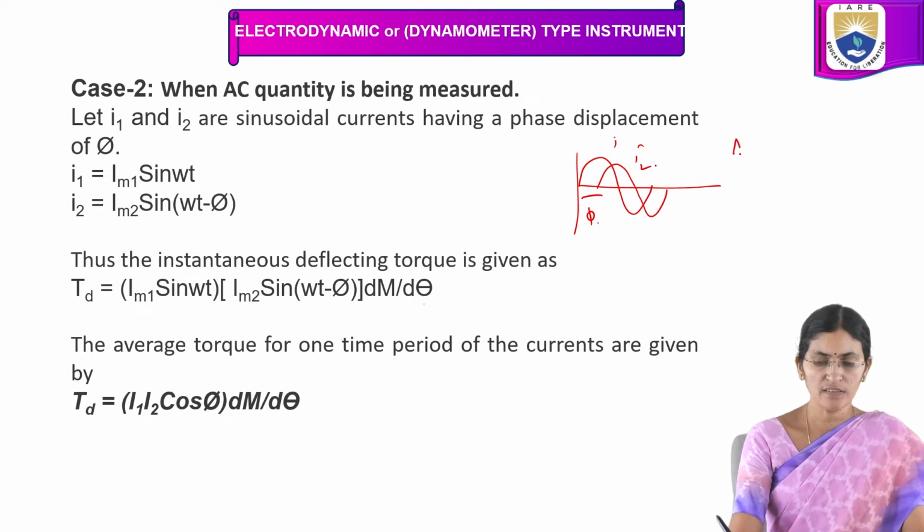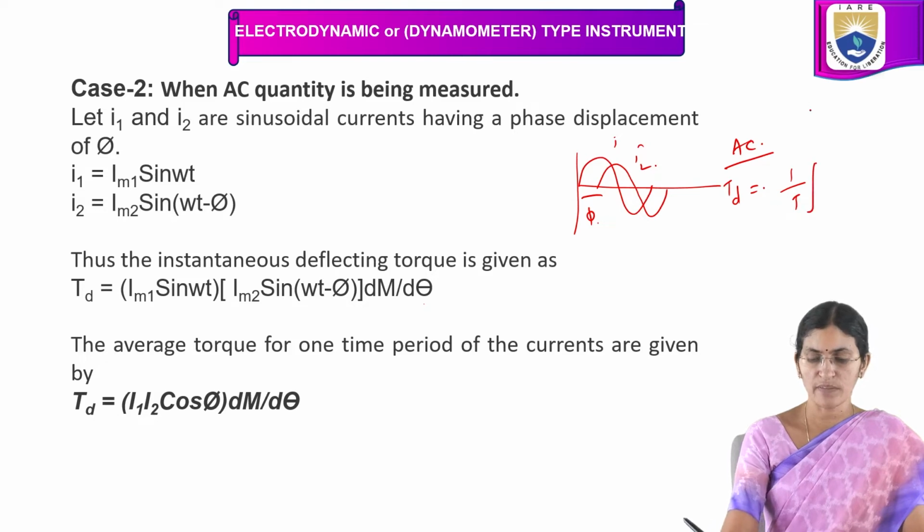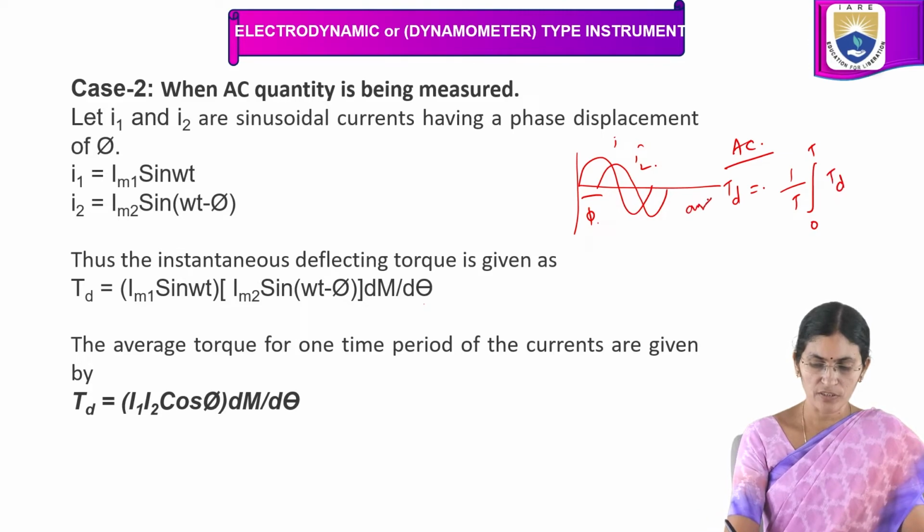So for AC, the deflecting torque is nothing but the average torque. So it responds to average torque only. Therefore we can write the deflecting torque as 1 by T integral 0 to T. So this is the average torque.